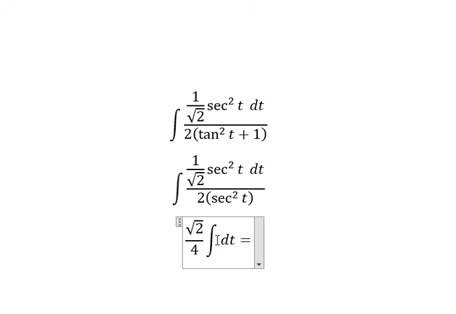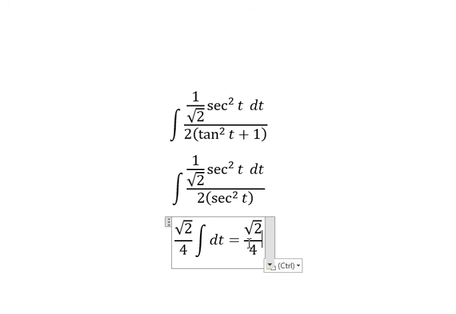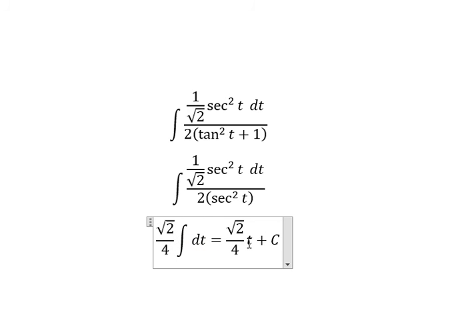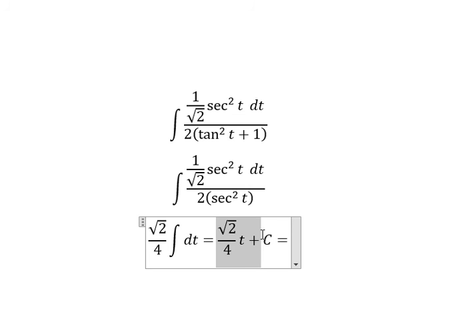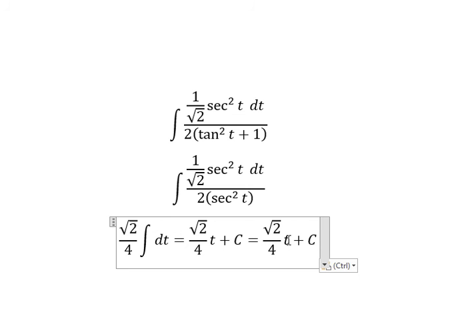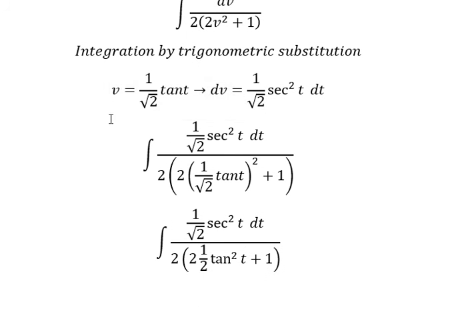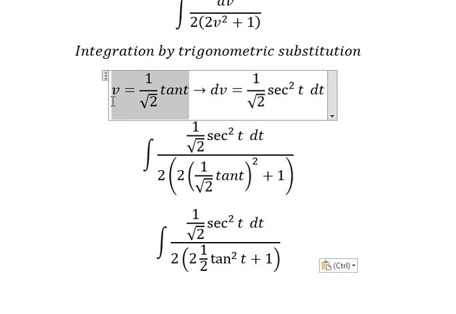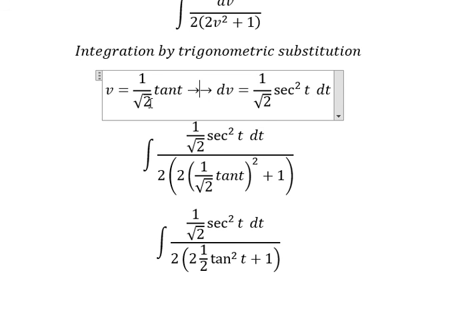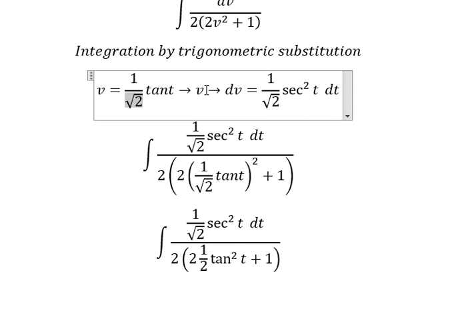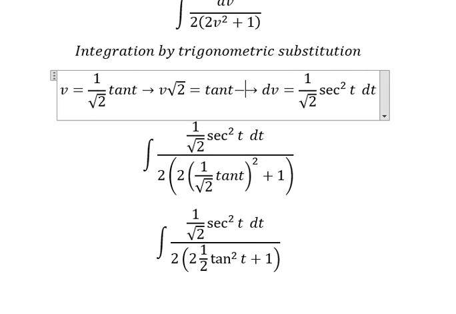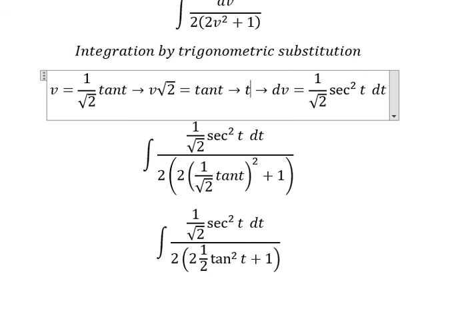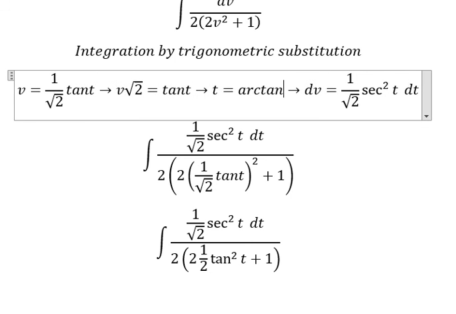The integration of this one, we have t, and we put about c. About t, that is about this one. So we multiply both sides by the square root of number 2. And now we have t equals to arctan of this one.